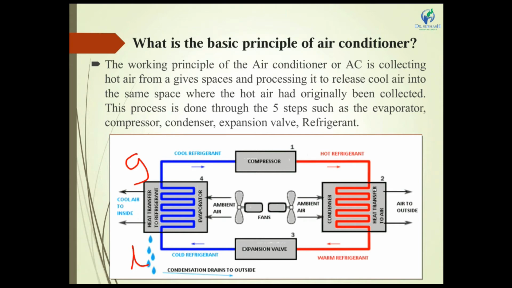That means for some duration it maintains a constant temperature while converting from liquid phase to gas state, absorbing the maximum heat from the enclosed space and giving a cooling effect.